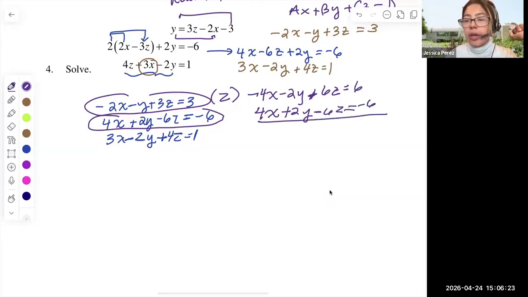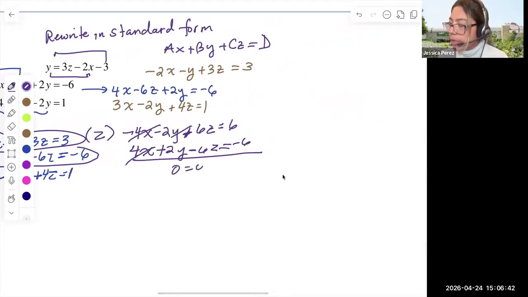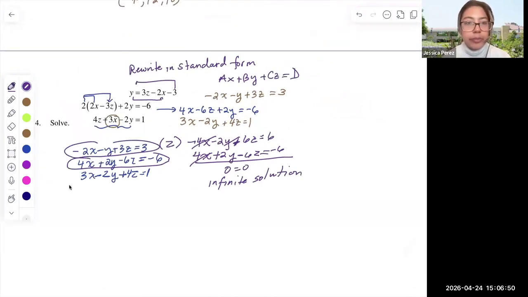Now, if I add equation 1 and equation 2, what do I notice about this? Well, I notice the fact that they all cancel. I get a 0 on here, and I get 0 equals 0. This gives me infinite solutions. That means that we have dependence.